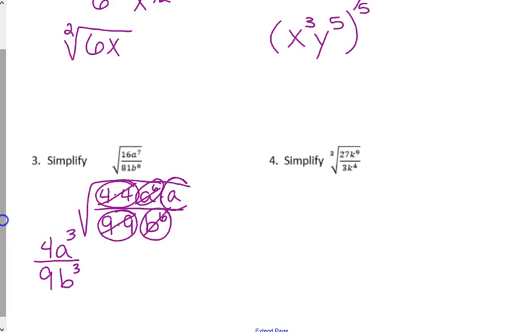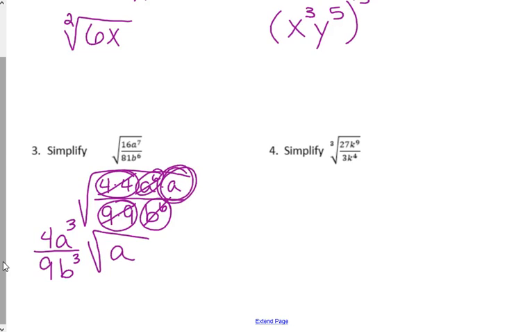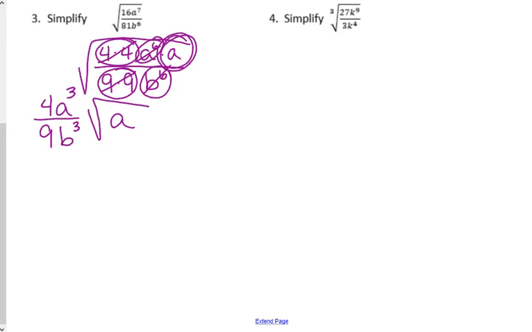But we still have a single a on the inside of the radical, so we need to write radical a. So our final answer, if we wanted to write this a little more neatly, would be 4a to the 3rd over 9b to the 3rd, all of that times the square root of a.